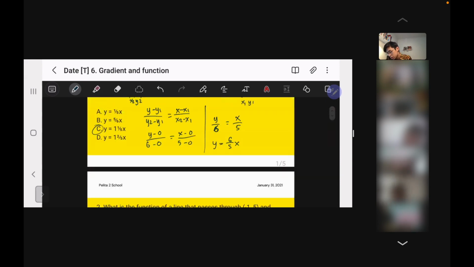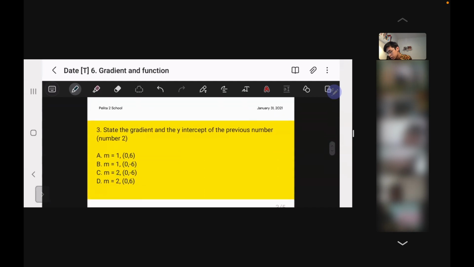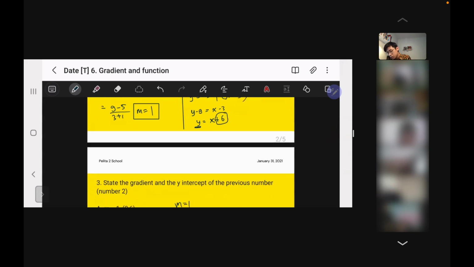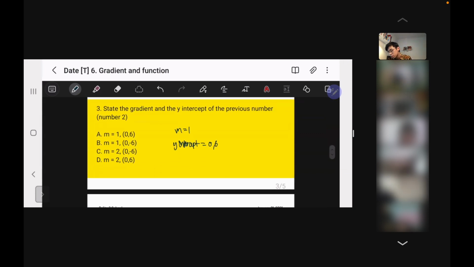Gradient is 1, m is equal to 1, and the y-intercept is 0,6, because y is the subject of the function, so this one is basically the y-intercept. When x is 0, y is 6, so 1 and 0,6, so it's A.